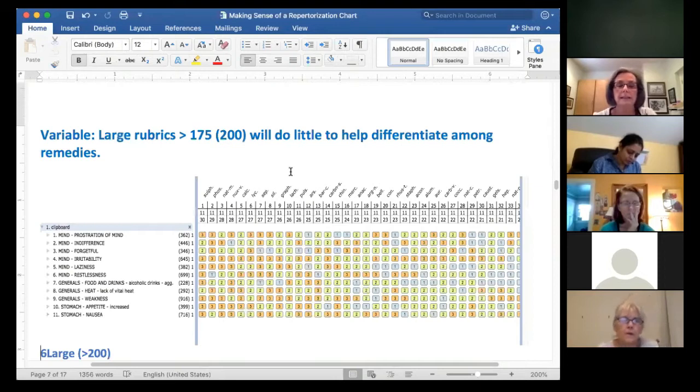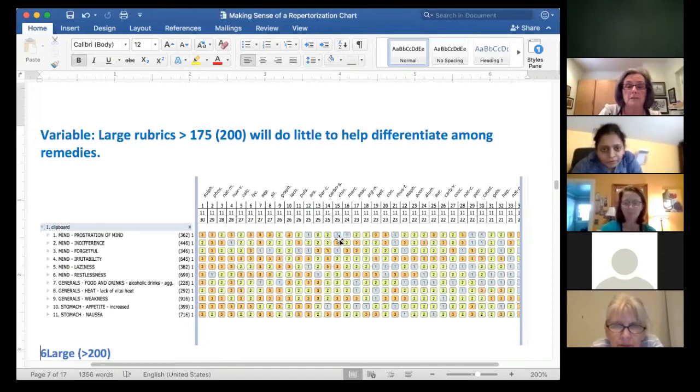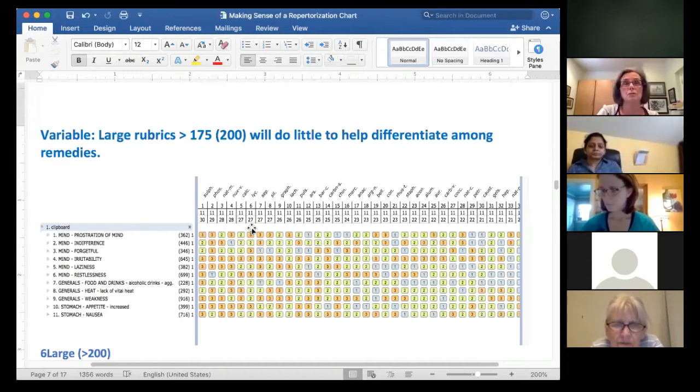So you can see that we've got these big rubrics, and there's nothing to help us differentiate. We've got 11 all the way across the top. We've got some difference in weight, but not that much. We go 30, 29, 28, 27. It's not huge. So you generally don't want to use large rubrics.